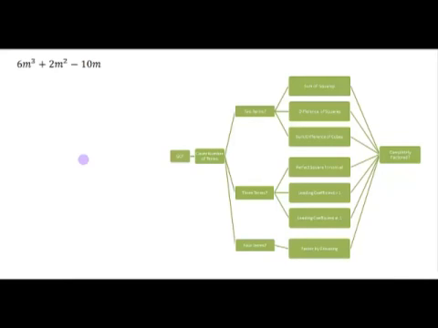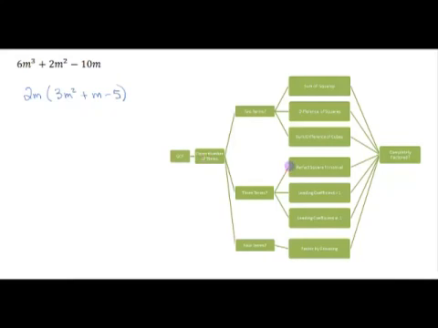6m cubed plus 2m squared minus 10m. Let's check first for a greatest common factor, and I have that, a 2m. 2m, and I'm left with 3m squared plus m minus 5. Now I'm going to count the number of terms. I have 3 terms.